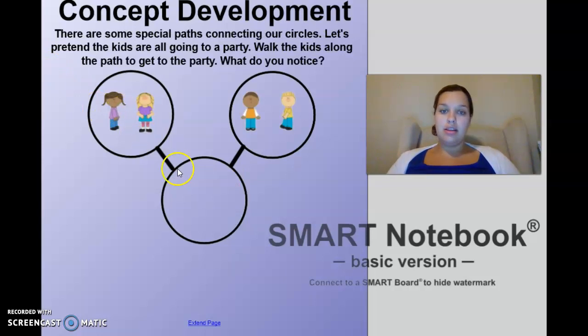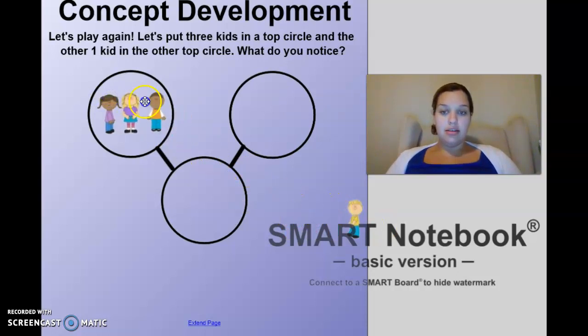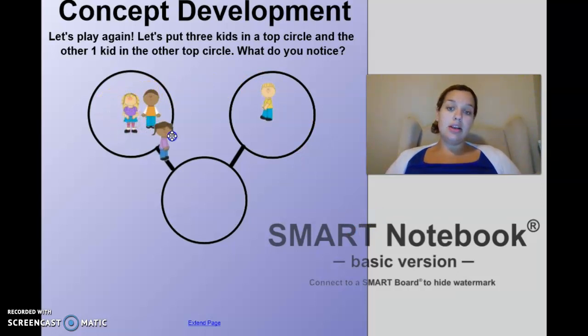See? They would walk down. That's what we just did. We did 4. Now I'm going to put 3 kids in this circle. And then 1 student up here. Now these kids are going to walk to the party.